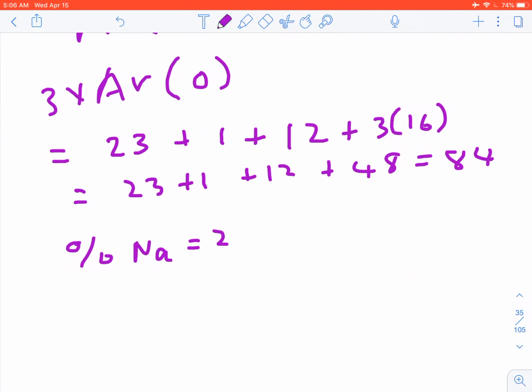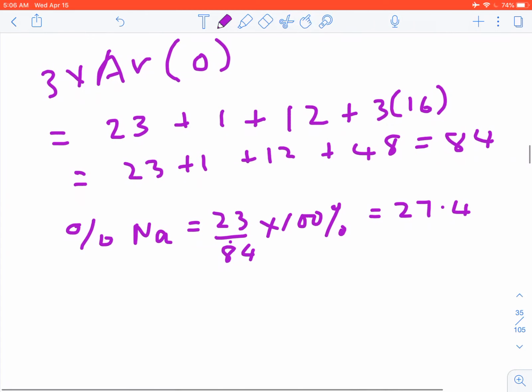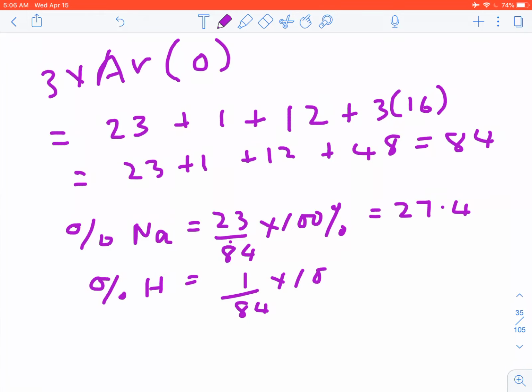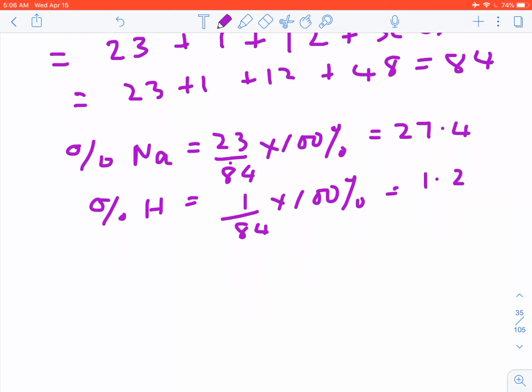If we want now the percentages of Na, that would be 23 upon 84 times 100%, which would be 27.4%. And the percentage of H is equal to 1 upon 84 times 100%, which gives us 1.2%. You'll notice I'm giving all these to one decimal place.